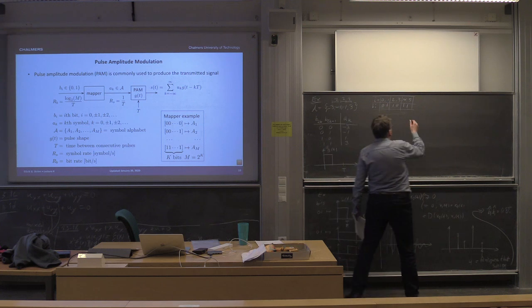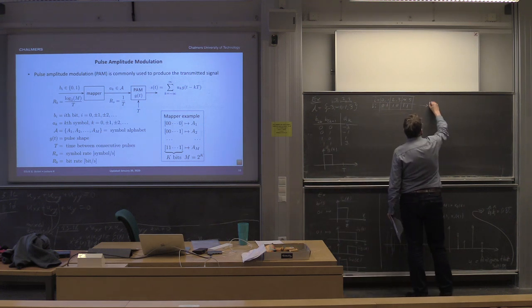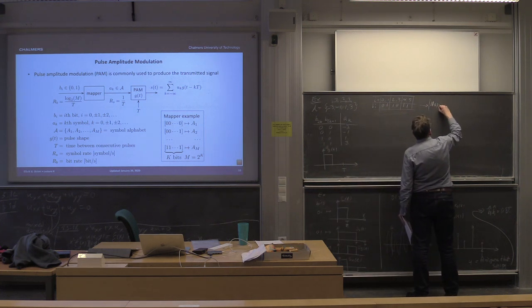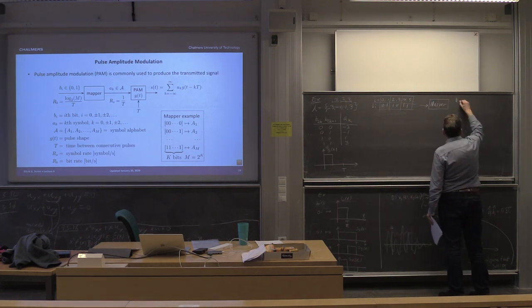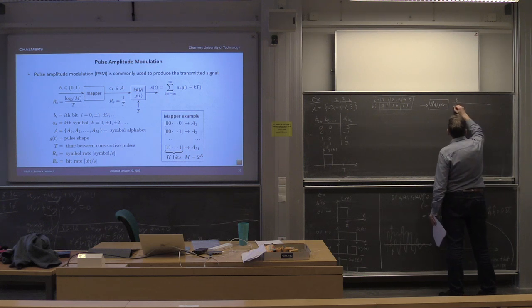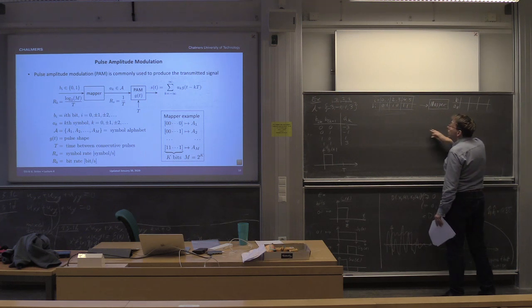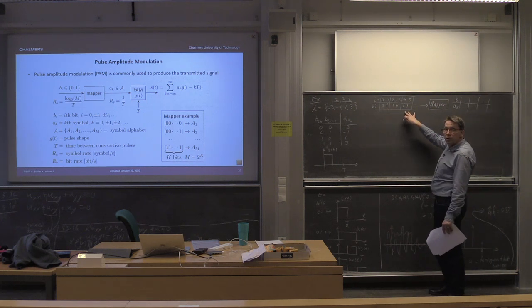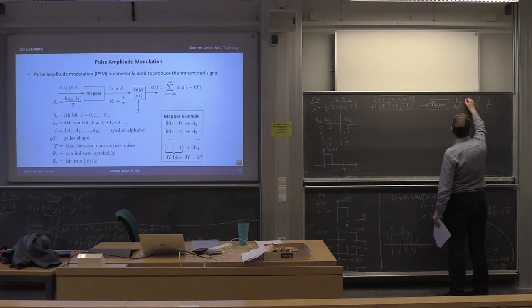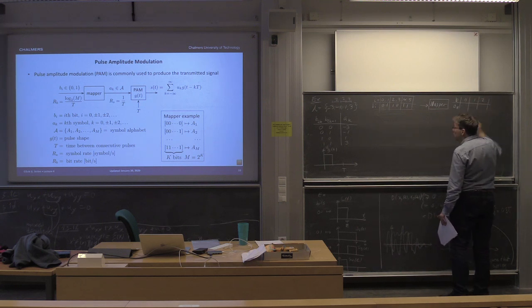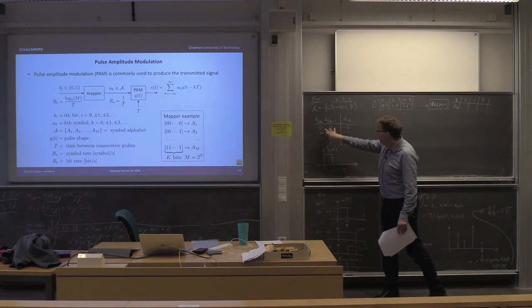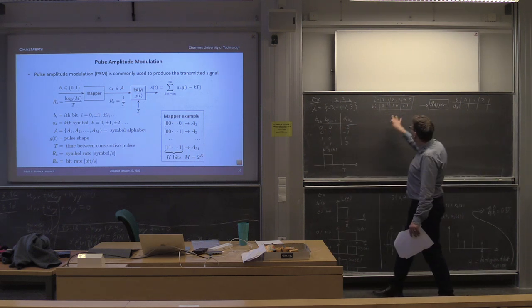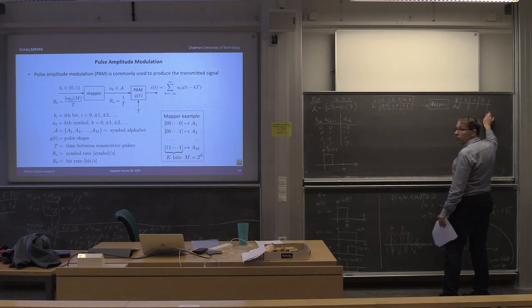Then if this is the input to the mapper, the output of the mapper would be defined in k and Ak. And since there are 3 blocks of 2 bits coming in, there are 3 symbols coming out. Okay, so it's from k equals 0, 1, and 2. Right? So we have 2 bits in, 1 symbol out. 6 bits in, 3 symbols out.